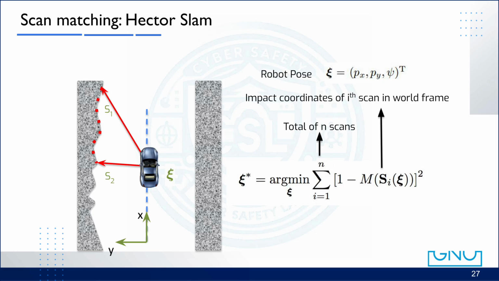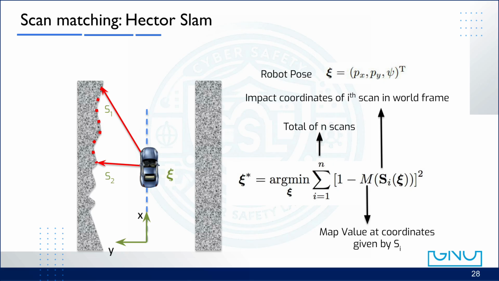Since scan matching focuses on occupied structures, negative values can be masked to 0. If every transformed scan point falls exactly on cells whose map value is 1, the expression inside the brackets becomes 0. But in real situations, there is always noise and small errors, so our goal is to minimize this summation.